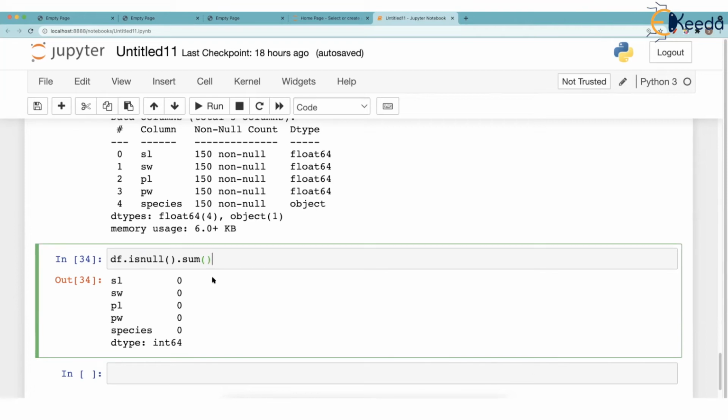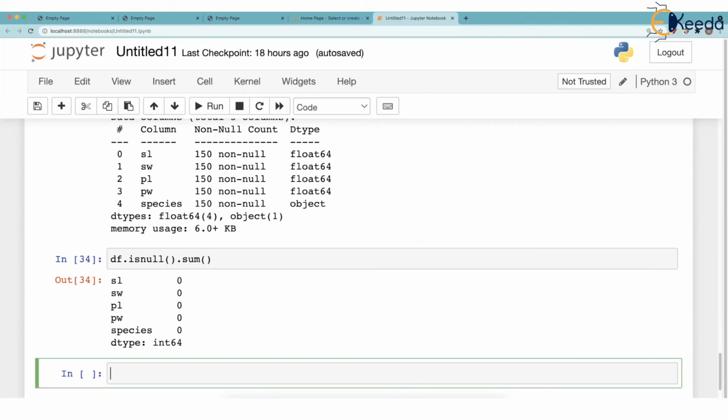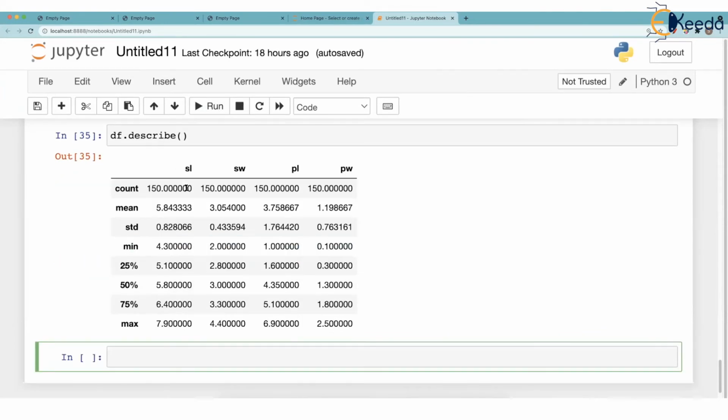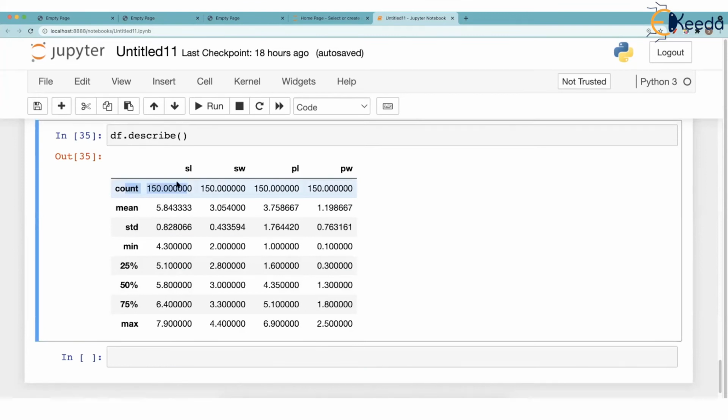So many ways are there to check for nulls. First way is df.describe. Look at the count: 150 rows are there, 150 SLs are there. That means none of the values are null.